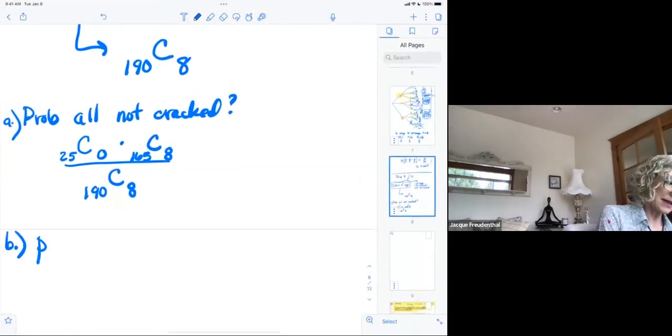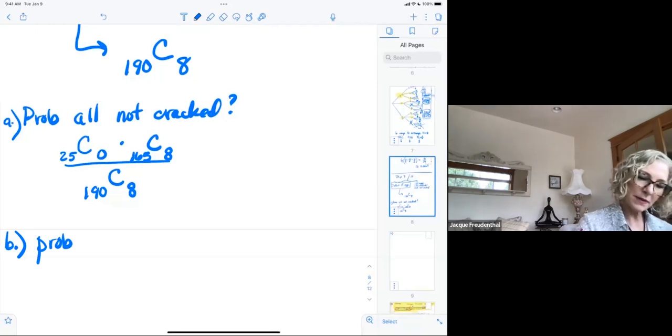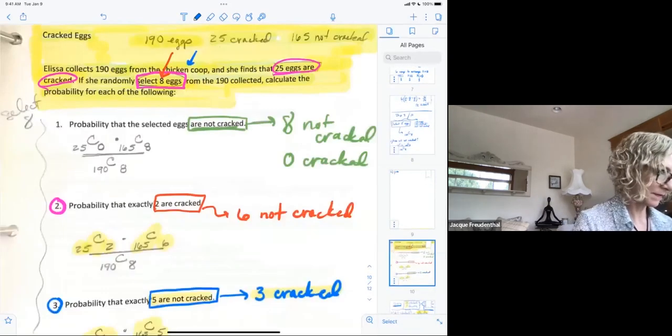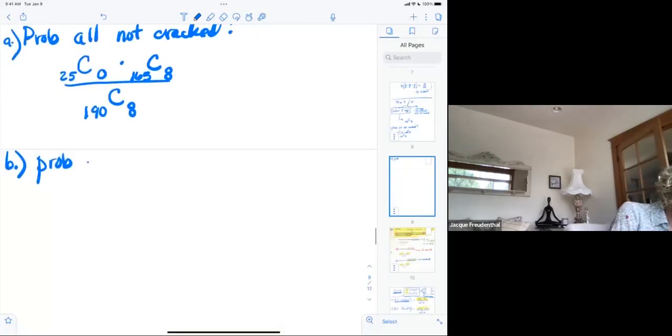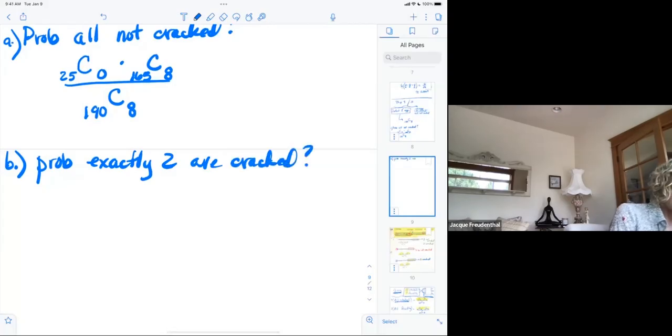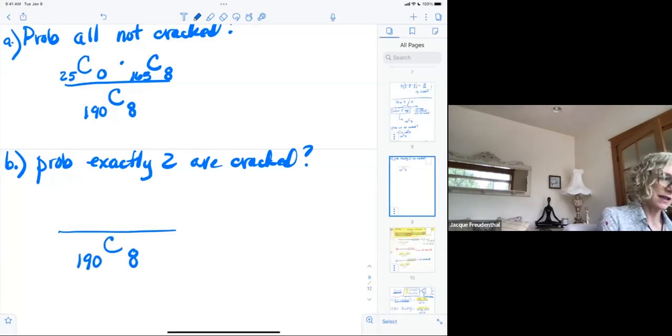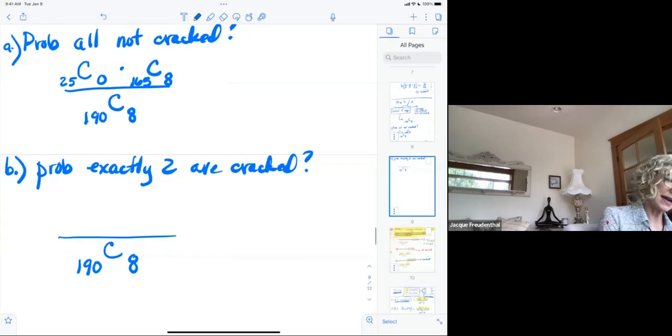Let's look at another example. So what is the probability that exactly 2 are cracked? Okay, probability that exactly 2 are cracked. So out of all the ways, 190 eggs, we're choosing 8. And I set this up as the cracked eggs first.